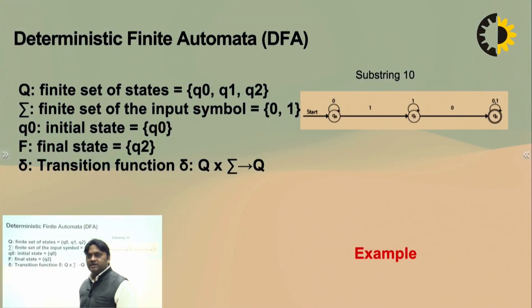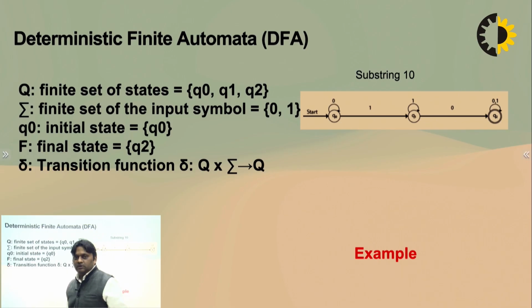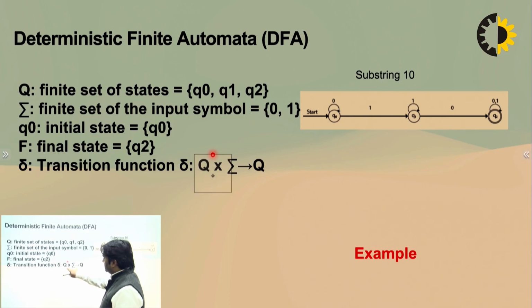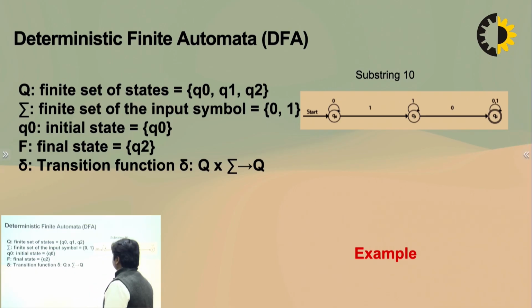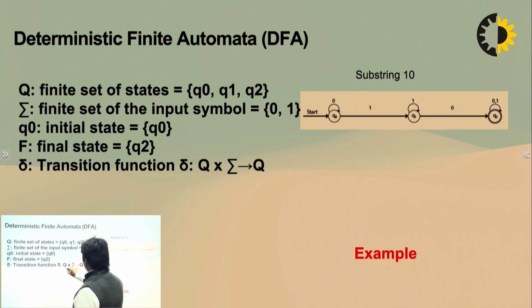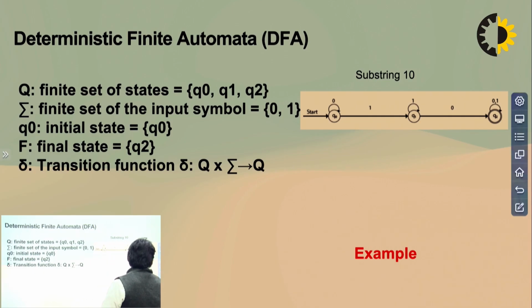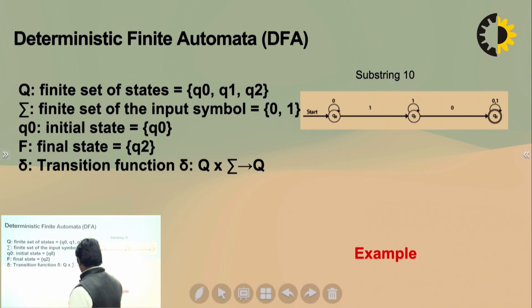Q naught represents the initial state, and F defines the final states of the DFA. Delta represents the transition function, which describes the current state, input symbol and next state.